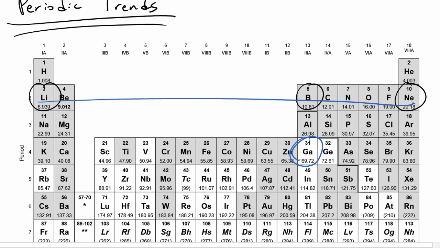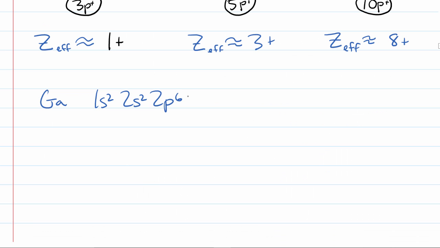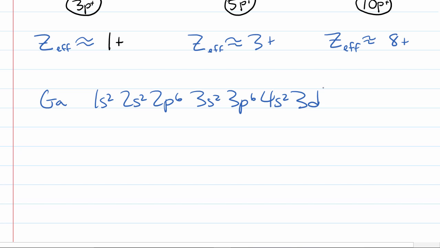After 2p is going to come 3s2, then 3p6, then 4s2, 3d10, and 4p1. So we come in here and put in the 3s2, 3p6, 4s2, 3d10, 4p1.